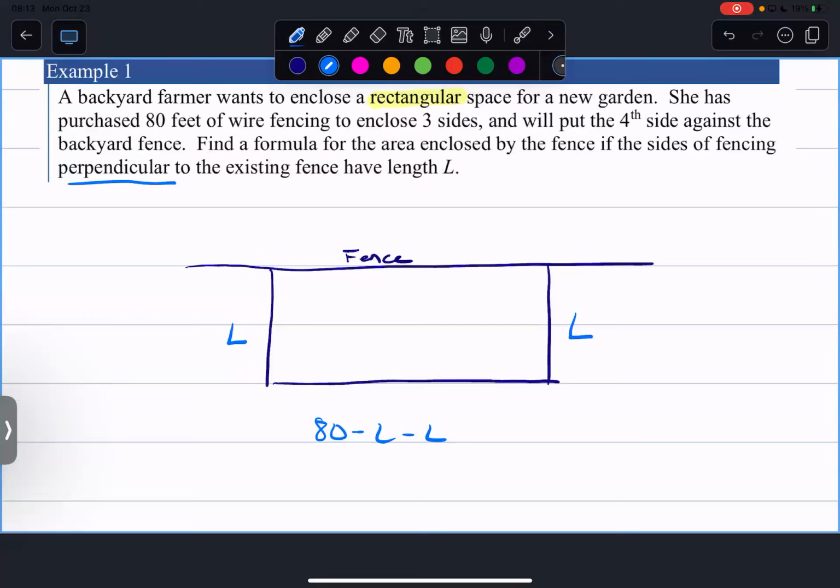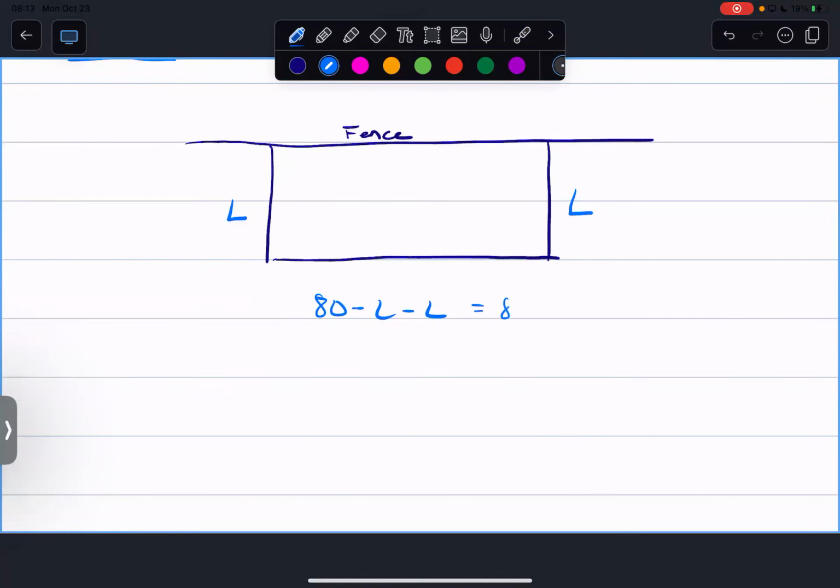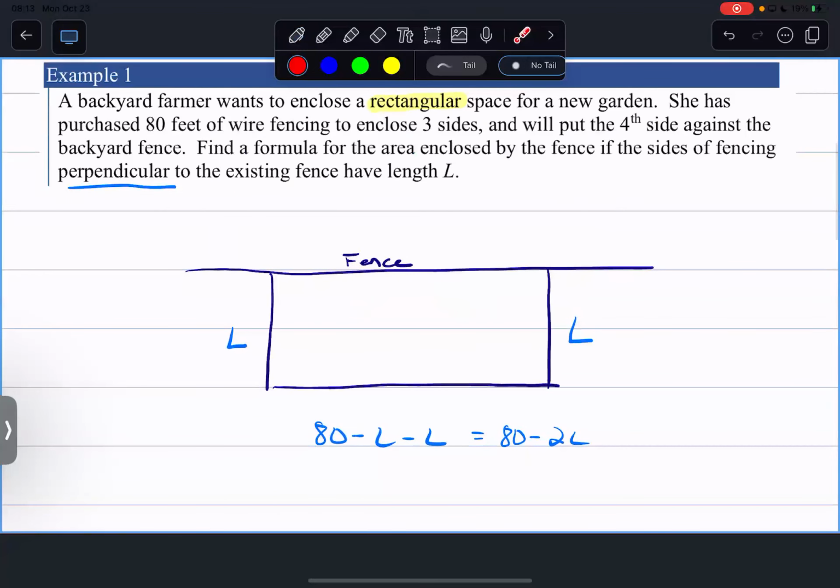But I like to just go nice and slow here. So 80 minus 2L is that length. Okay. Why do we need that? We need it because our end goal is to find a formula for the area.